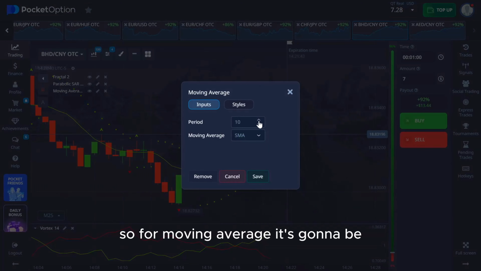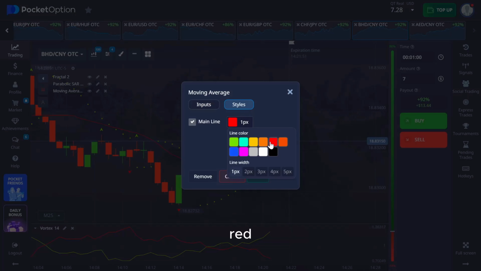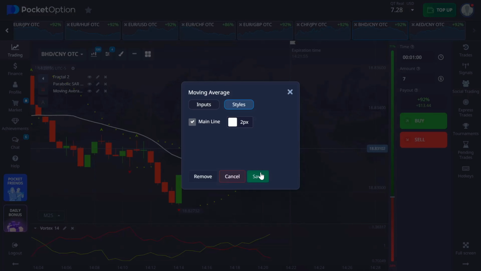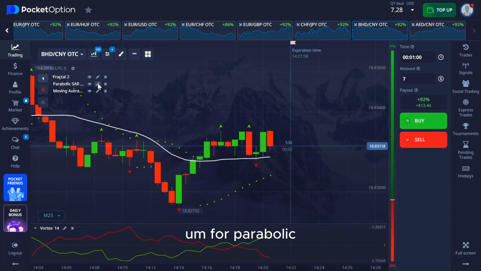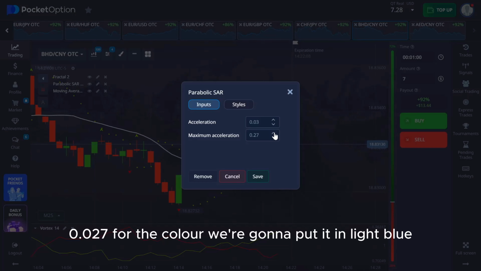So for moving average it's gonna be 20, red. No, we're gonna use white, sorry. For parabolic it's gonna be 0.003, 0.027.